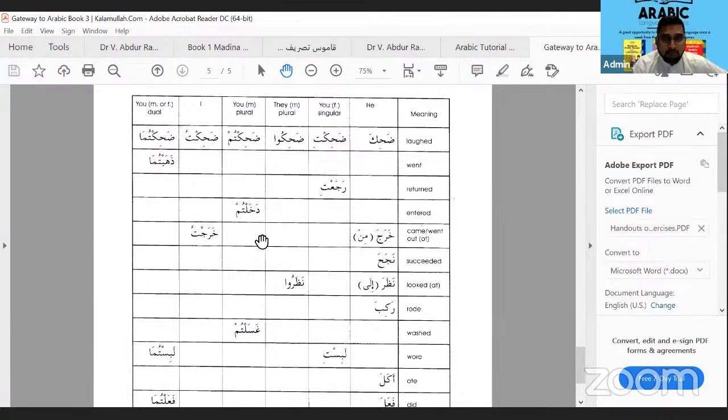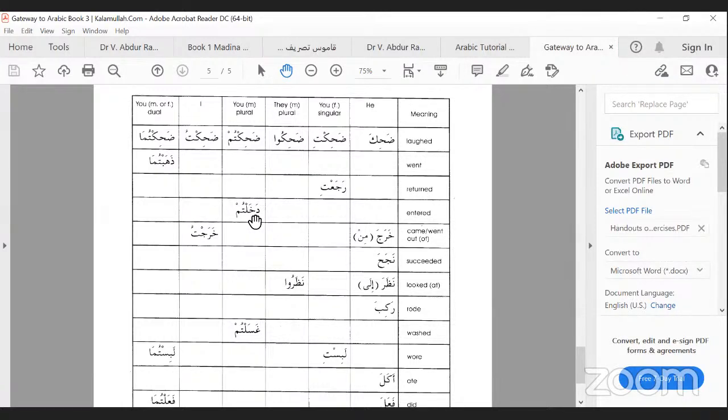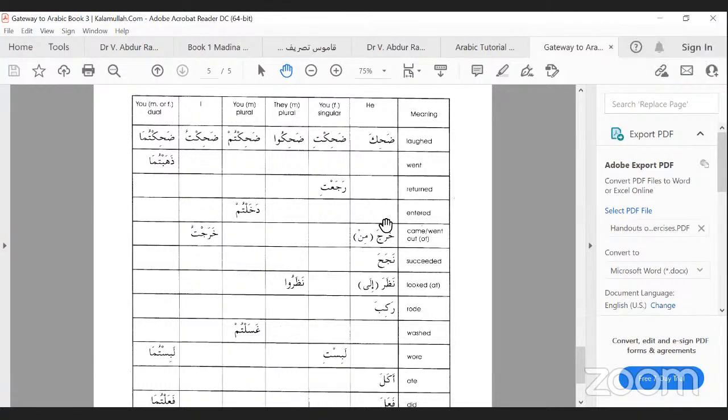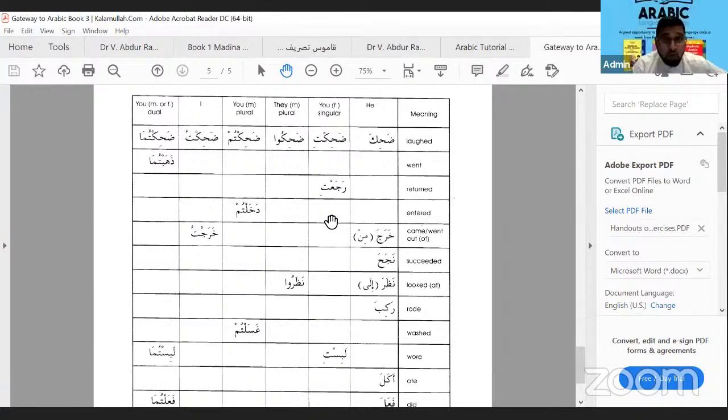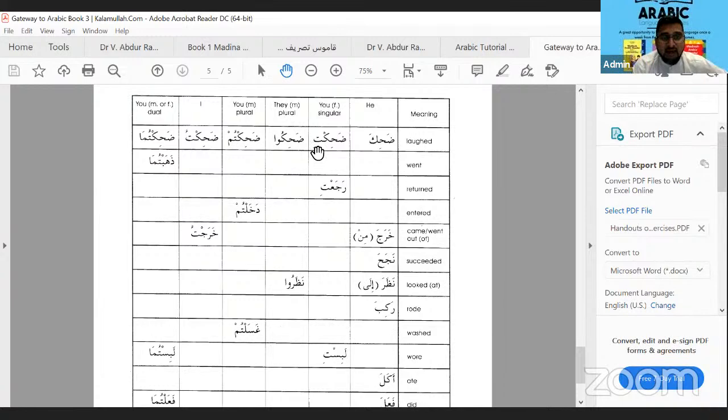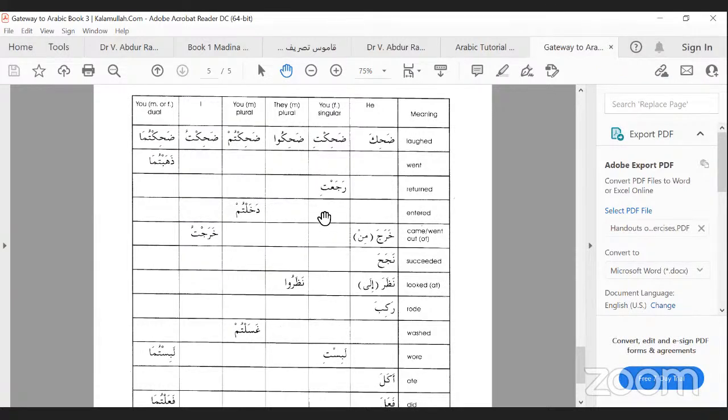What would it be? دخل. Excellent. Dakhala means he entered. How do you say you, one female, entered? دخلتي. Excellent. Dakhalti means you, female, entered.